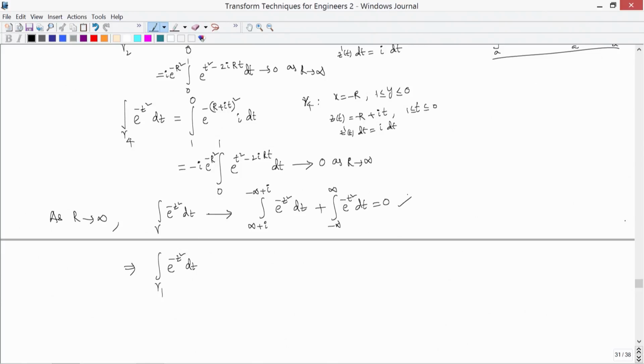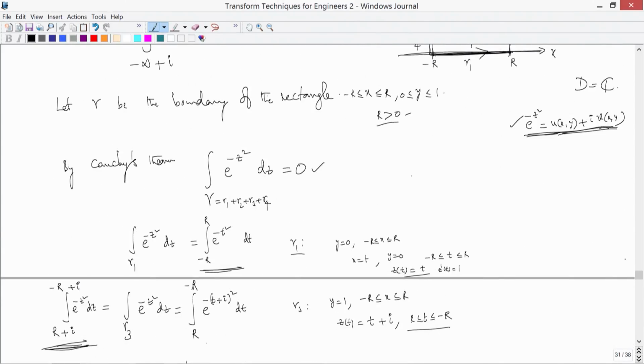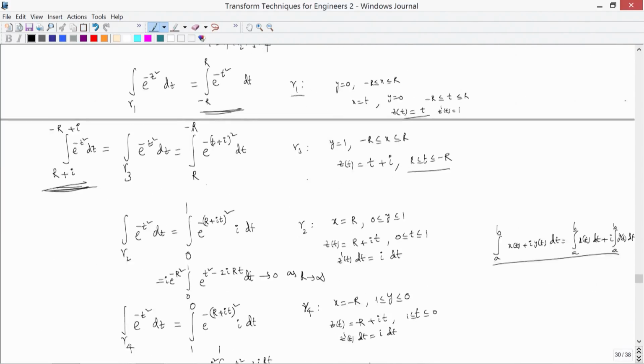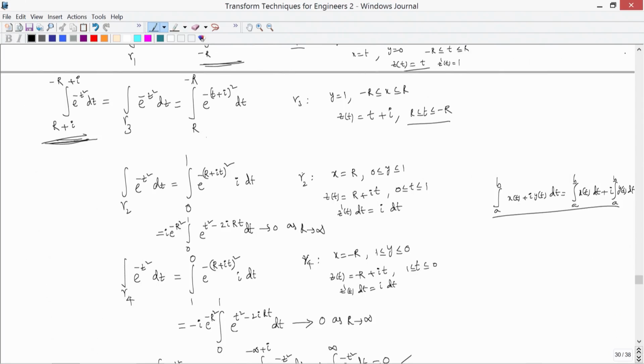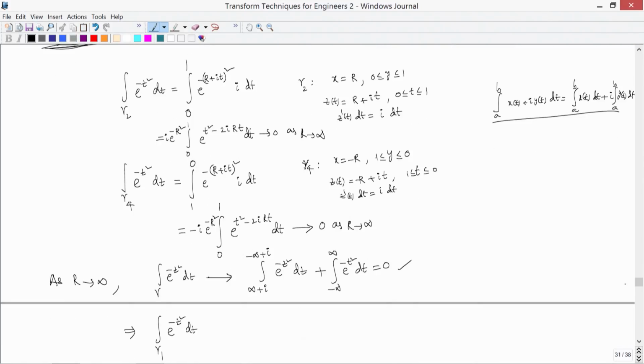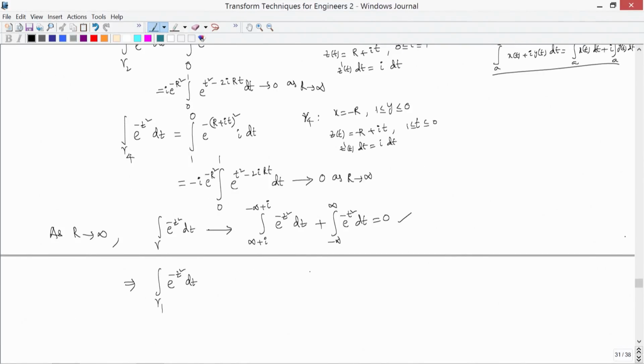But that is what the Cauchy theorem says: all 4 integrals together are 0. As r goes to infinity, gamma 2 and gamma 4 go to 0, so only these 2 integrals are left.